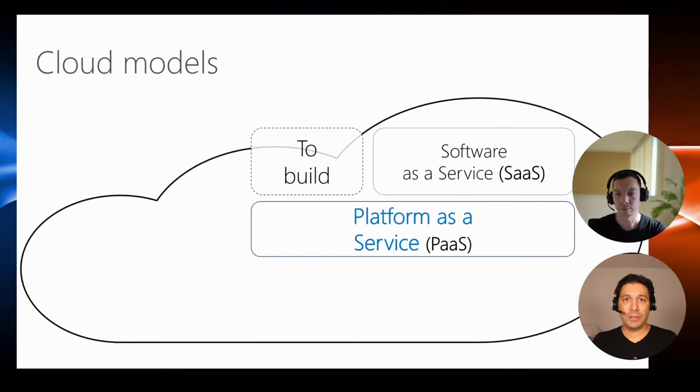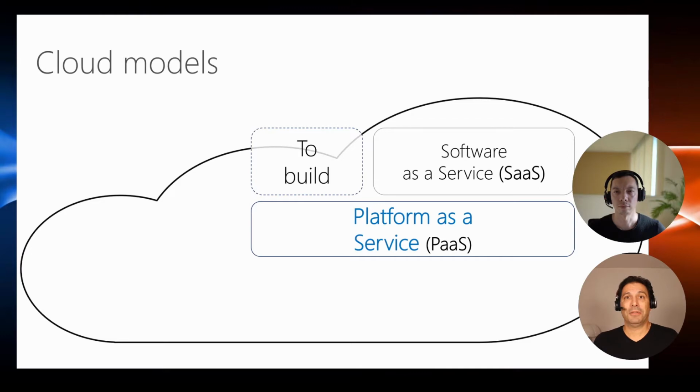There is another layer below that, which is platform as a service, where you have some services that are ready for you to use. For example, you can have database as a service, and you just come with your database data and tables, and you put your data inside, and you don't have to manage the database itself.